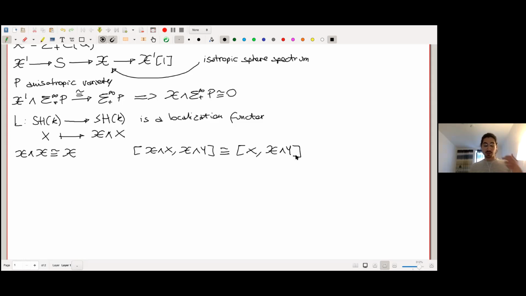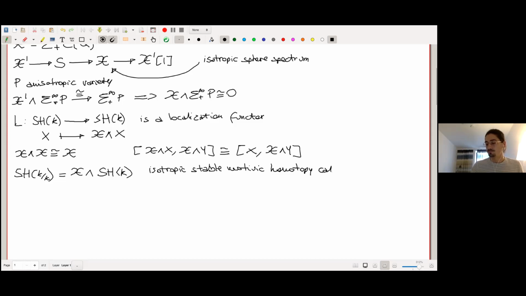Okay, so we can consider the image category of this functor, and I will denote this by SH(k) isotropic. By definition it is the full subcategory obtained by smashing with this isotropic sphere spectrum. This is what I call the isotropic stable motivic homotopy category.